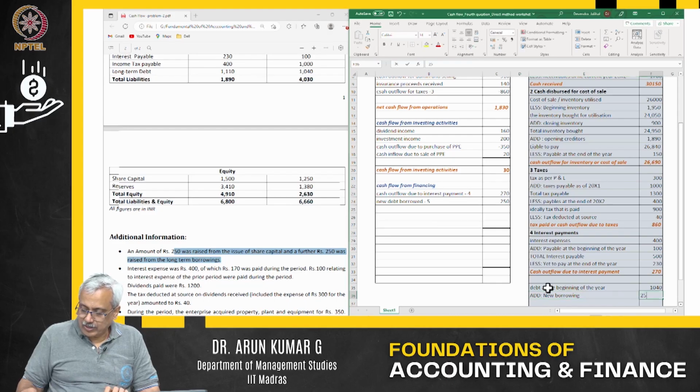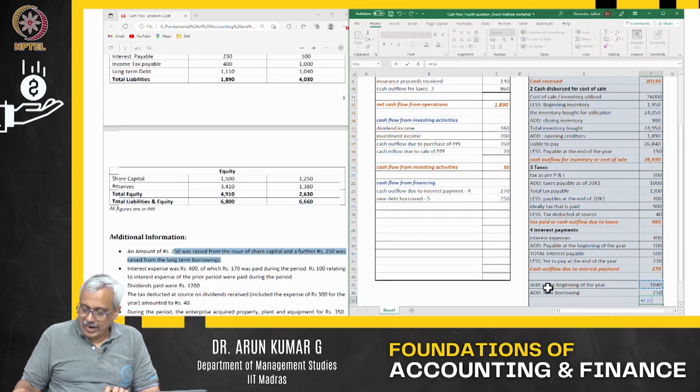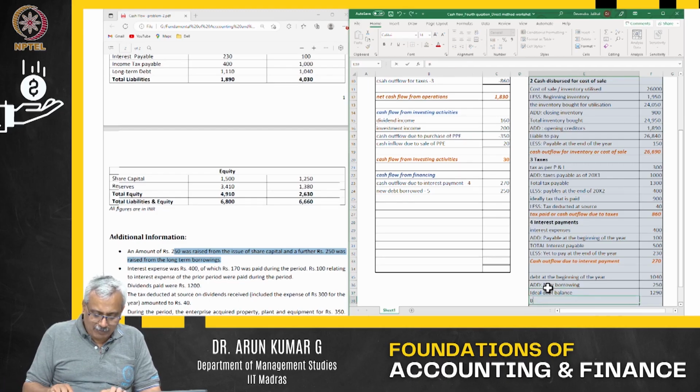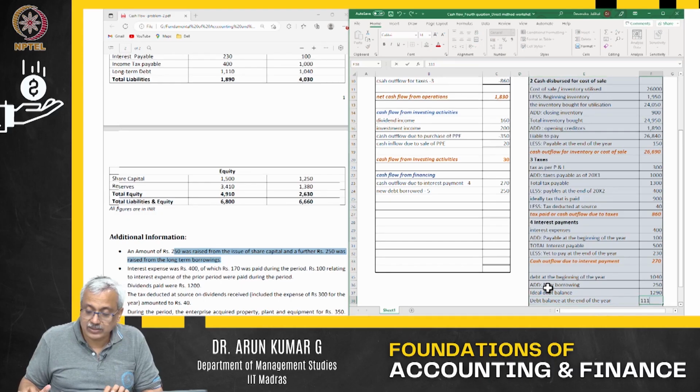How much is the new borrowing? 250. So, the ideal debt balance should be 1290. But the debt balance at the end of the year is 1110.